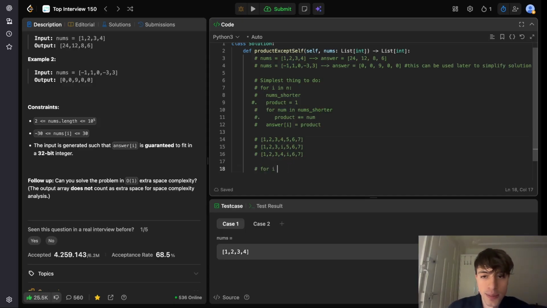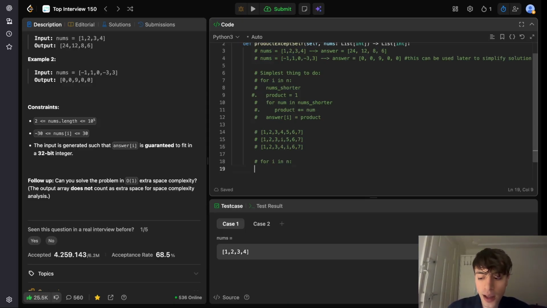So the idea is basically that for e in nums, you say, all right, I want answer of I to be equal to, I just multiply, I define a prefix and a suffix. So I would have something like prefix equal to 1 and suffix equal to 1. And then it's simple.